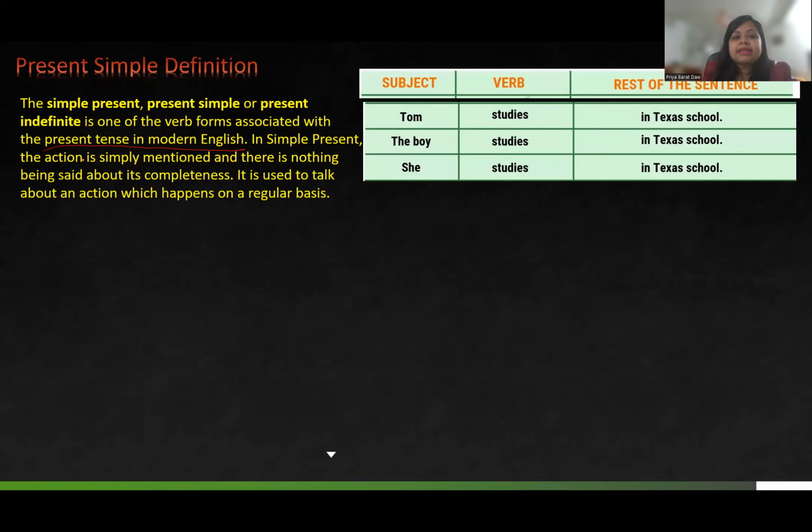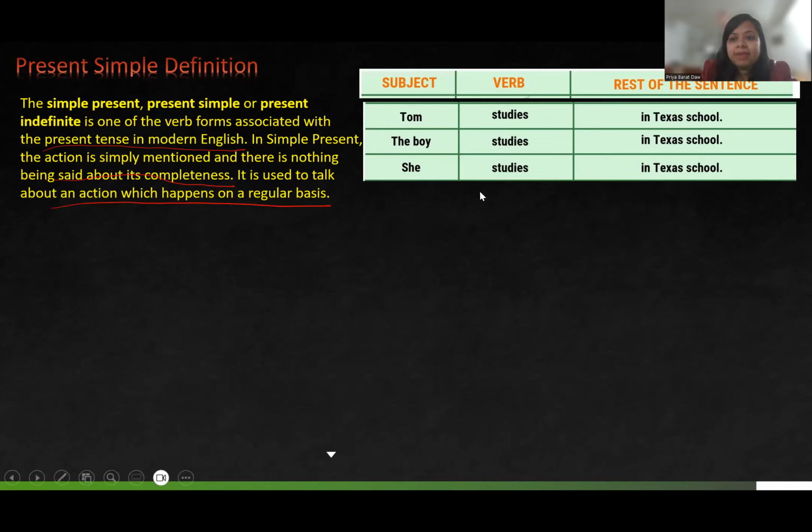In simple present, the action is simply mentioned and there is nothing being said about its completeness. You have to remember this. It is used to talk about an action which happens on a regular basis.